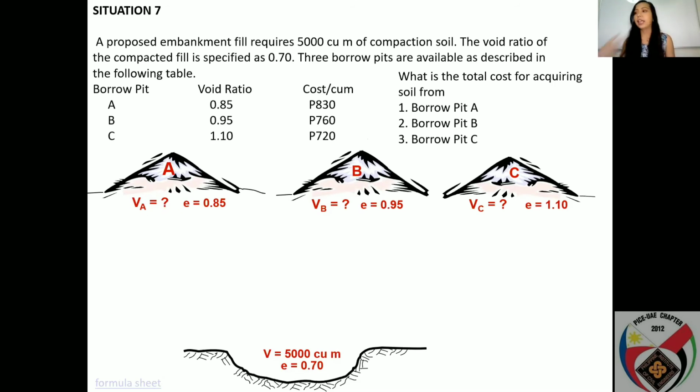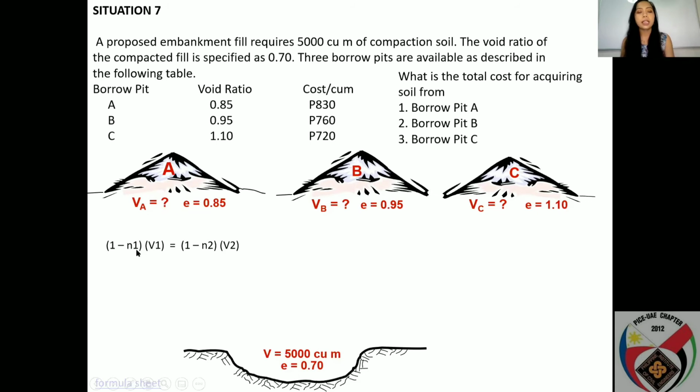The formula for going from one place to another is (1 minus N1) times V1 is equal to (1 minus N2) times V2. Our solving will revolve around this relationship.